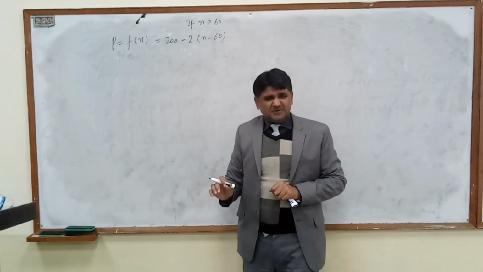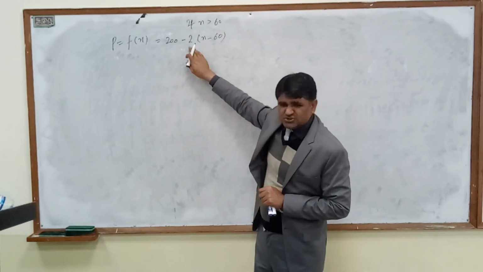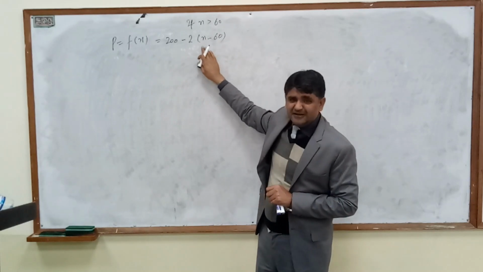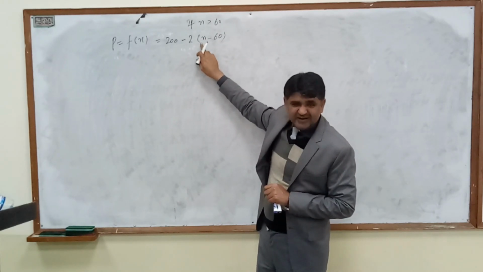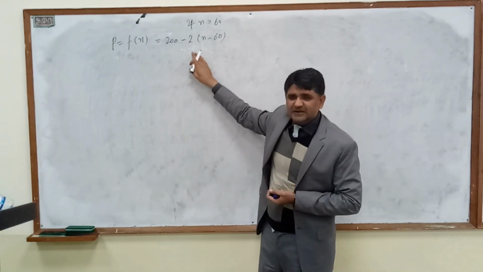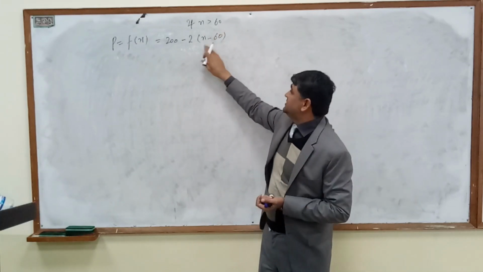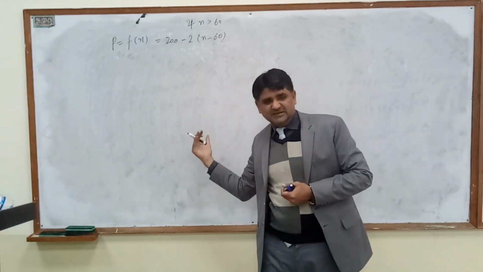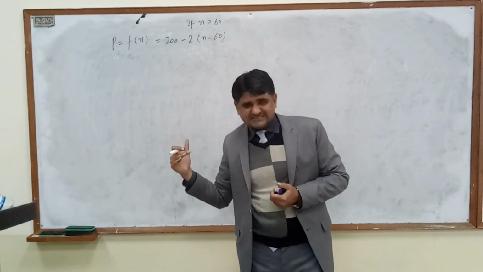If there are 59 members, will this discount be applied or not? If 60 minus 60 is equal to 0, it will not be applied. If 61, then it will be applied. If 100 minus 60, then the minus 2 will be applied to the rest of the members exceeding 60.